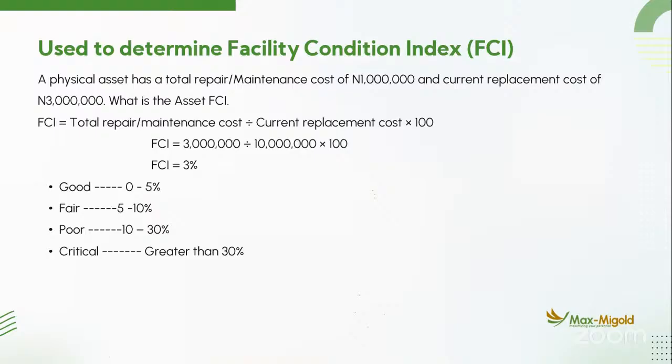Then you use your facility condition assessment to calculate what we refer to as facility condition index. Facility condition index is a kind of mathematical expression of how your facility is in terms of structural integrity and in terms of deliverables as well.